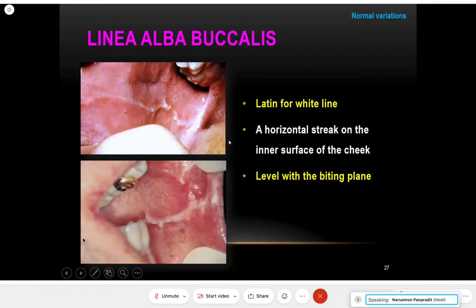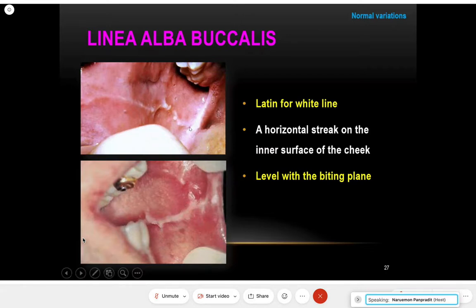The linea alba buccalis is a horizontal, only horizontal, strip on the inner surface of the cheek. And the important part is that the level of this line is along the occlusal plane. If it is at another level, not along the occlusal plane, you have to think about other lesions.